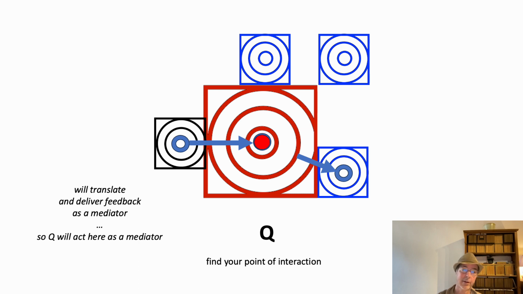The feedback is less important, but the connection point is the first attention that we give it, and this connecting point, this interaction point, will be used as a mediator. So we know here, and we'll find this point of interaction. We know here that this mediator, or the Q, will act as a mediator, that's for sure.